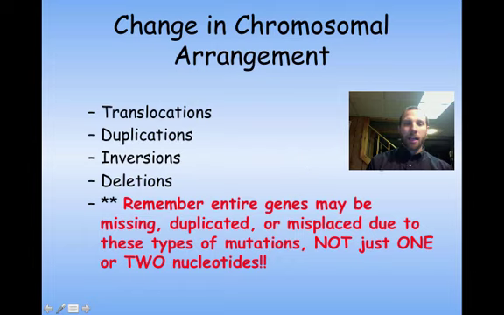Again, for this section, it's important to remember that entire genes may be missing, duplicated, or misplaced here, not just one or two nucleotides. We're not just talking about adenine, guanine, cytosine, thymine being misplaced here. We're talking about entire genes which contain thousands of nucleotides that are either missing or doubled or inverted.